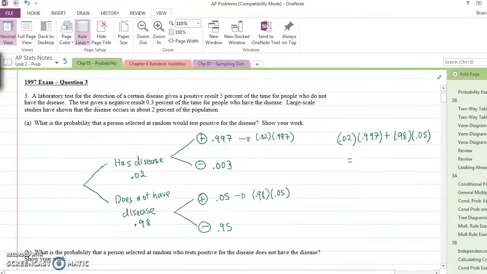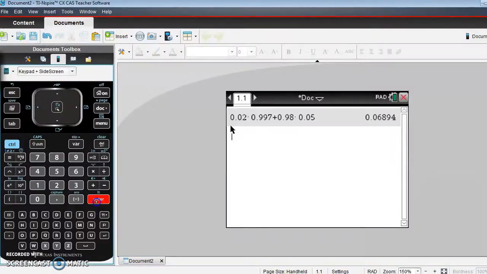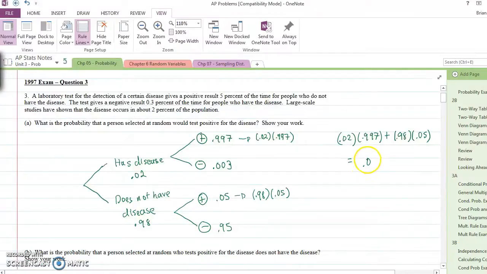Let's just check. I'm getting confused. Yeah, okay. So then that would be 0.06894, so 0.0689. Okay, so we're done with part A.